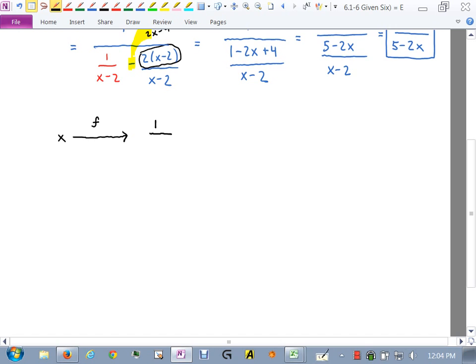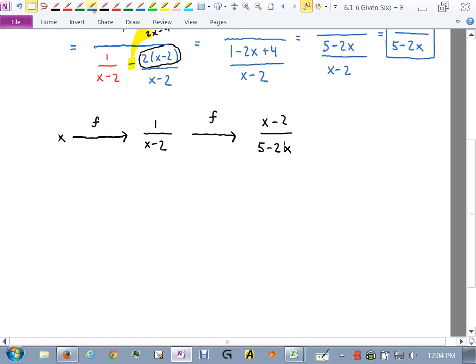It's 1 over x minus 2. That's going to get plugged into f again, right? And when it does, it's going to come out as our answer. Isn't it? You see how I've done this? Initially, it starts out as x. It goes through f. It comes out this. We already know it's going to come out at the end to be this.